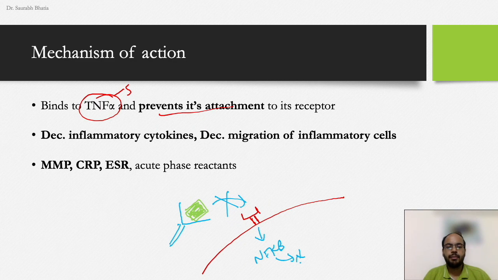Okay, so remember how TNF alpha acts. TNF alpha leads to translation of multiple inflammatory cytokines, and that does not happen because it has been blocked by infliximab, and it is not being attached to its receptor. Clear? Now, subsequently, attachment and blocking of TNF alpha leads to decreased inflammatory cytokines and also decreased migration of inflammatory cells.